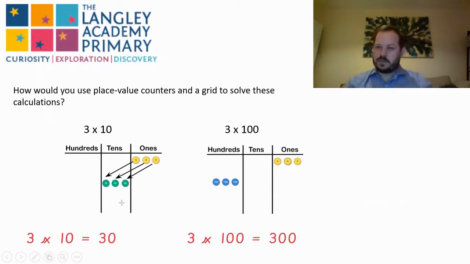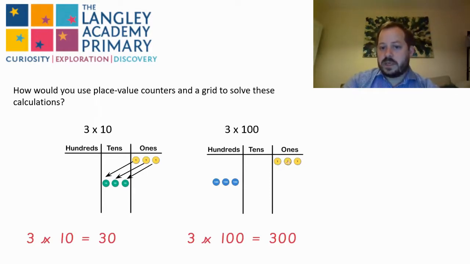Now this is very similar to something we've done before, which we'll come back to later. But you can see the essence here of how we do that, why we move when we're timesing by 10, why we move it one step. Because what we're doing is we're changing each one of those ones into 10, or we're changing each one of the tens into 100. The same goes for when you're timesing by 100. We have 3 ones to begin with.